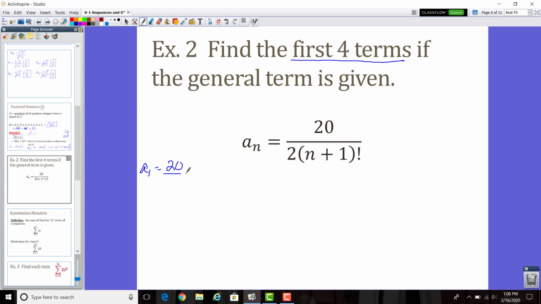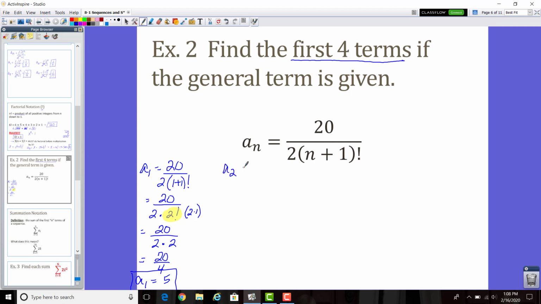So 20 is going to divide by 2 times 1 plus 1 factorial, which means 20 is going to divide by the product of 2 times 2 factorial. 2 factorial means 2 times 1. Okay, so 2 times 1 means 2. So 20 will divide by 4, which gives us an a sub 1 value of 5.